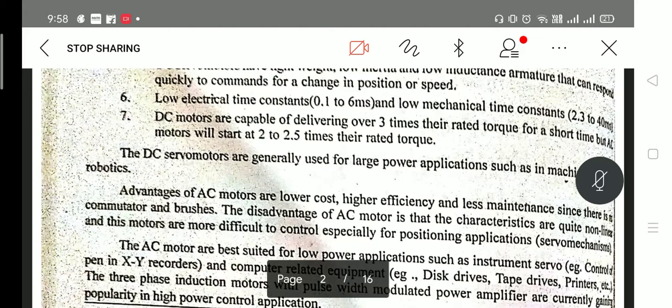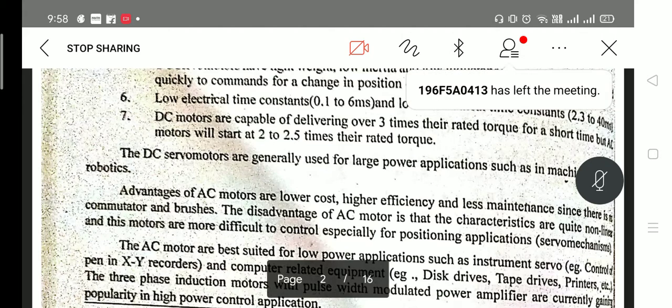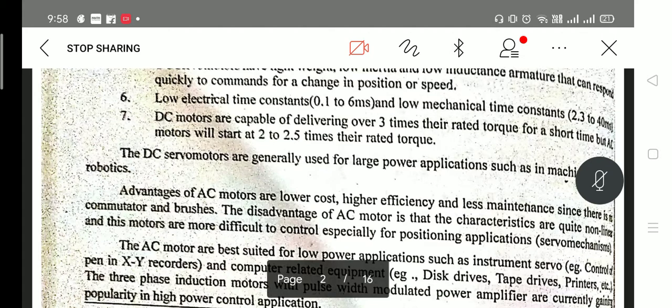Okay. What are the advantages of AC servo motors? The AC servo motor has low cost, higher efficiency and less maintenance. Disadvantages are that it is non-linear and difficult to control positionally easily. Setting the command signal is very difficult, and controlling the speed ranges is somewhat difficult in an AC servo motor.